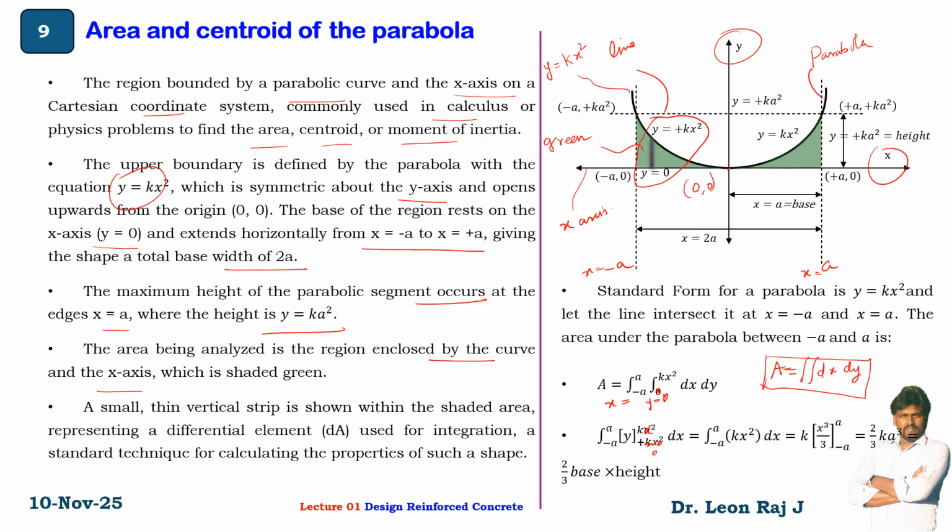So this is nothing but 2 by 3 base into height. Here you can see there are two portions, portion 1 and portion 2. For these two portions, the area under the curve is 2 by 3 of the total base, which is 2a, and the height, k a square.